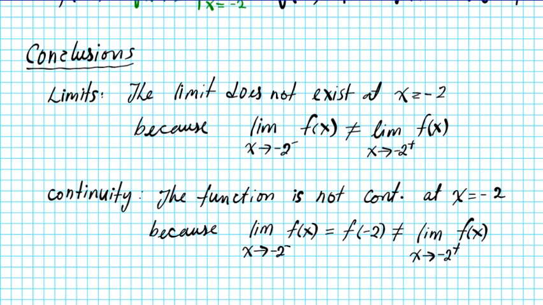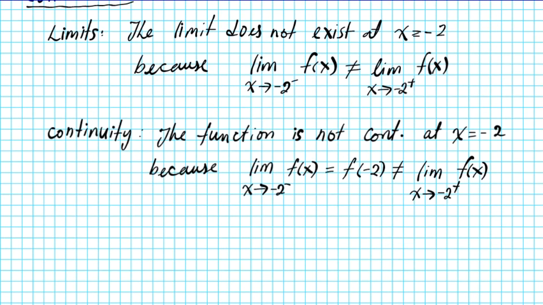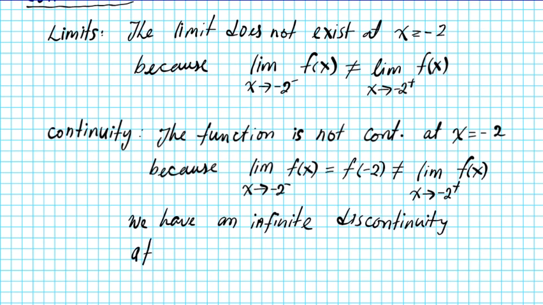We now have to classify the discontinuity, okay? So what type of discontinuity do we have here? We have to describe that. We have an infinite discontinuity at x equals negative 2.